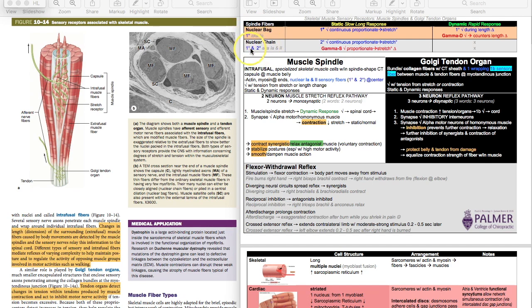So that can give you something to help remember which sensory fibers go in which: 2 in the chain, and just 1 in the bag. Now, they both are going to have a static sensory component. The chain will have the only static response.